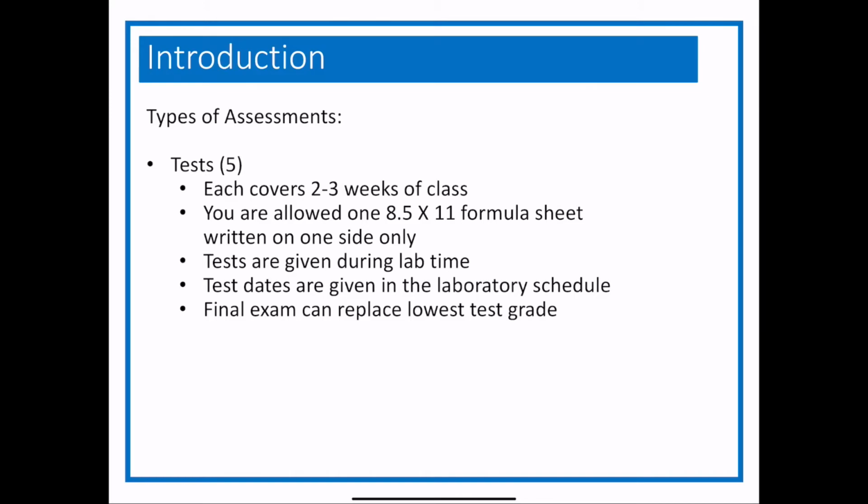If you're taking this course in the summer, that may be different, but in general, during the regular semesters, fall and spring, tests are given, and lab exercises are given on weeks that we don't have tests. The test dates are in the laboratory schedule online, and the final exam can replace your lowest grade.